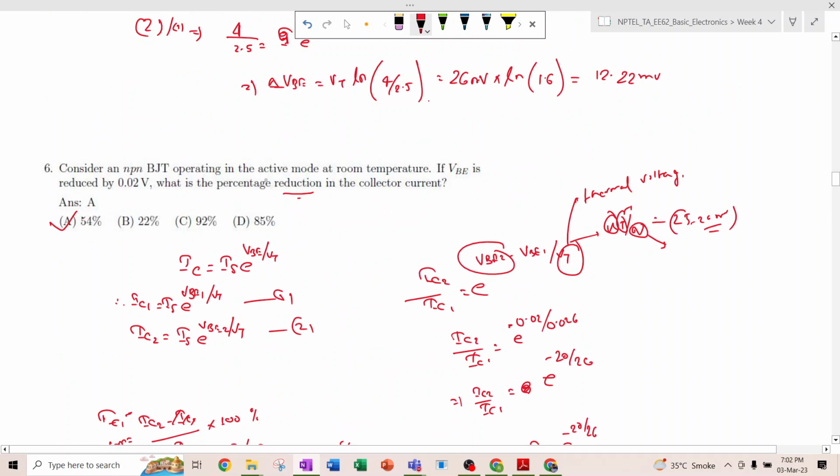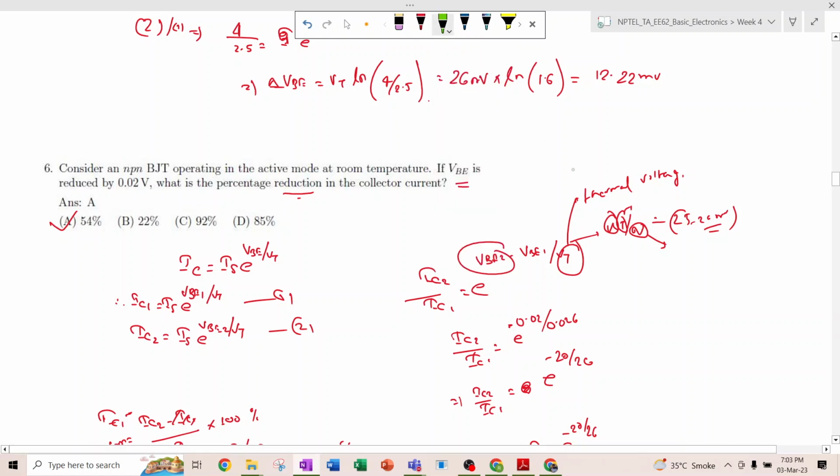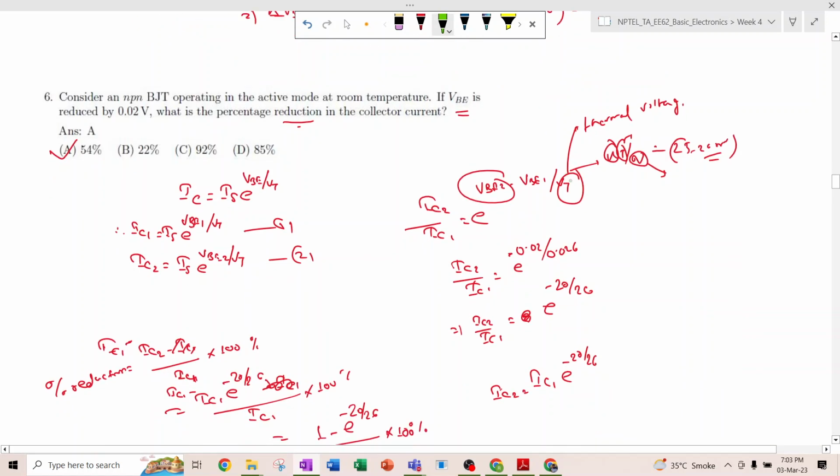Okay, so see one thing, I am just giving some physical interpretation. Suppose there is this NPN transistor, here it is emitter, it is base, it is collector.